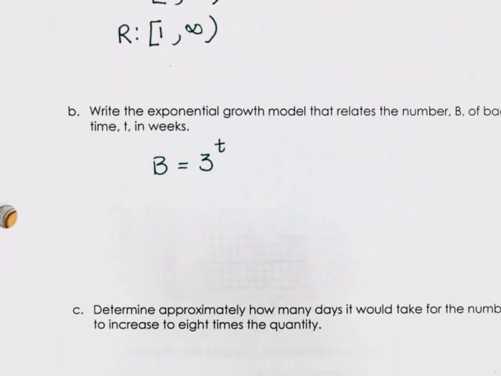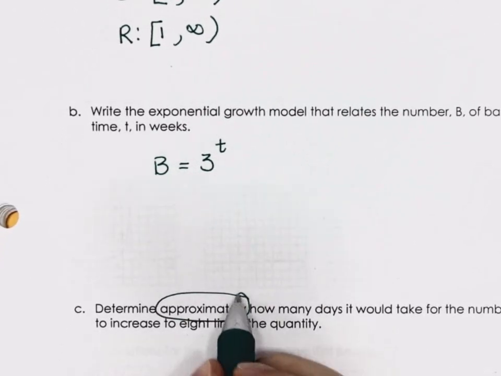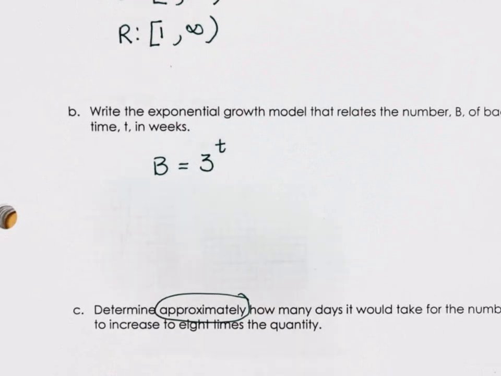All right. Determine approximately, so there's that estimating again, how many days it would take for the number of bacteria to increase to 8 times the quantity. So how many bacteria did we start with? So what's 8 times 1? 8. Good job, everybody.